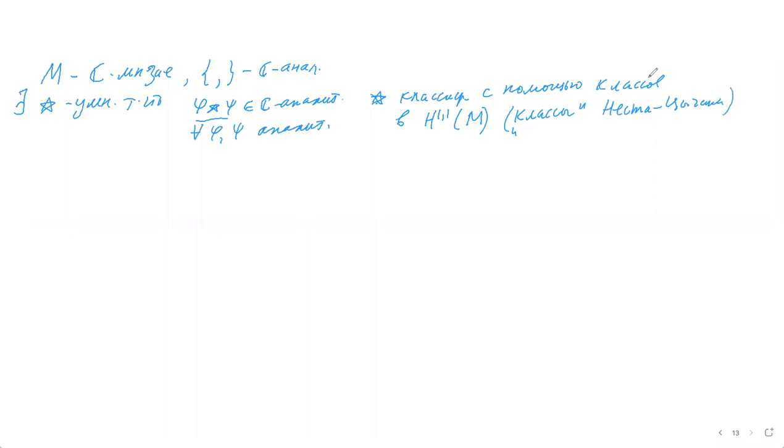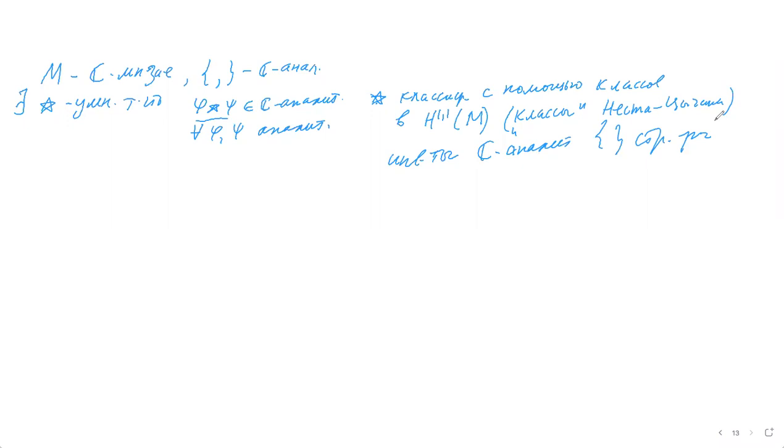Я не знаю, на мой взгляд, эти классы должны быть инвариантами данной комплексно-аналитической пуассоновой, симплектической структуры. То есть если поменять структуру, то они не поменяются, если менять ее аналитически, эквивалентно в некотором смысле.